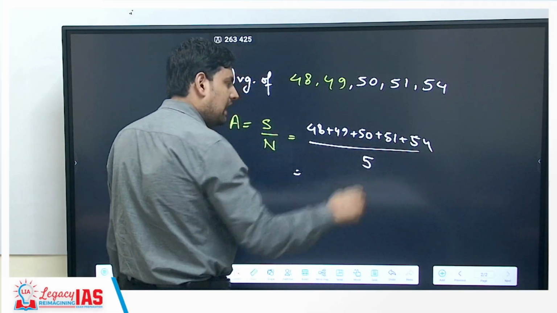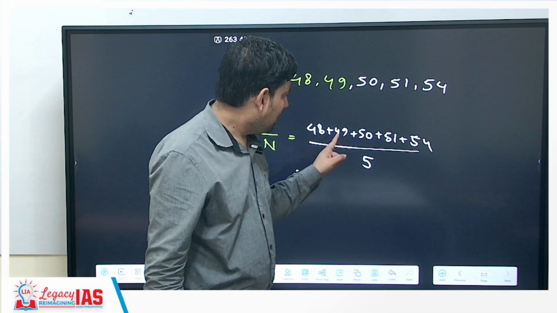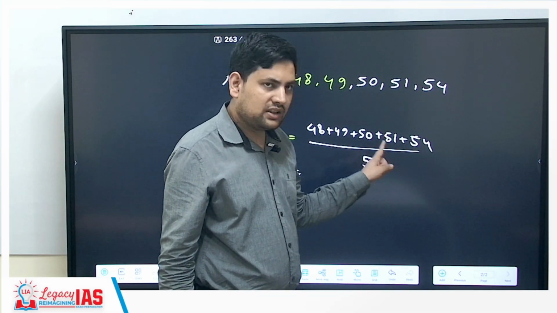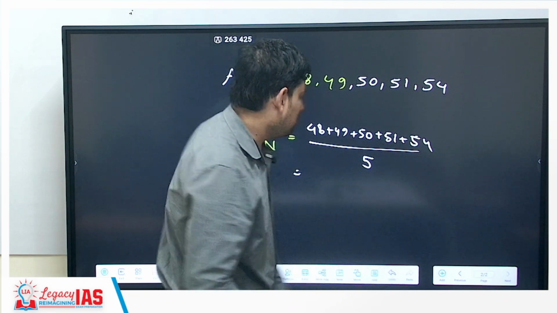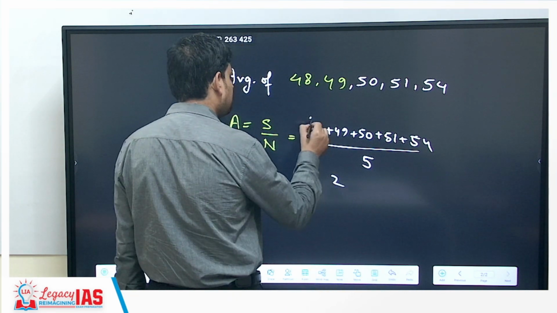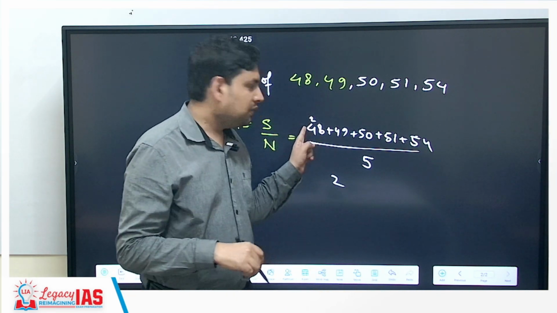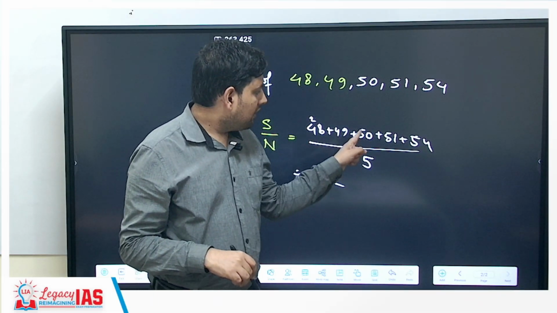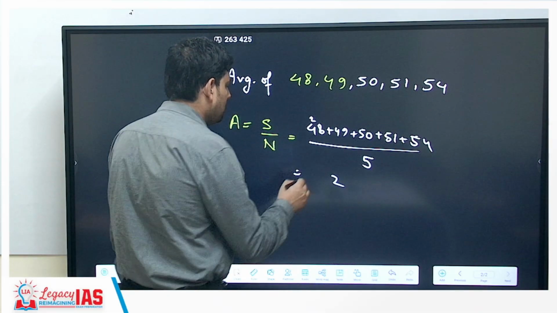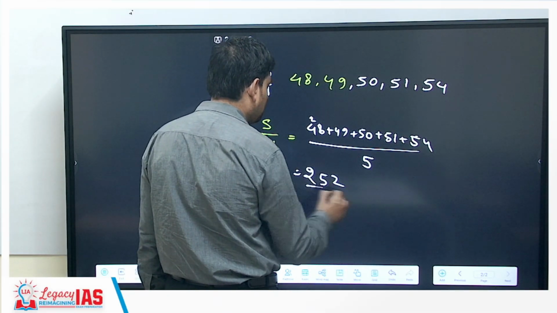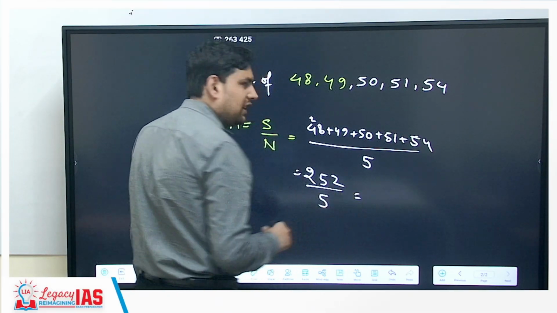Now if I add all of them, this is 8 plus 9 is 17, 17 plus 0 is fine, 17 plus 1 is 18, 18 plus 4 is 22. So 2 here and 2 goes for carry. Then 2 plus 4, 6, 6 plus 4, 10, 15, 20 and 25. So what I got is 252 by 5. How many times will this go?